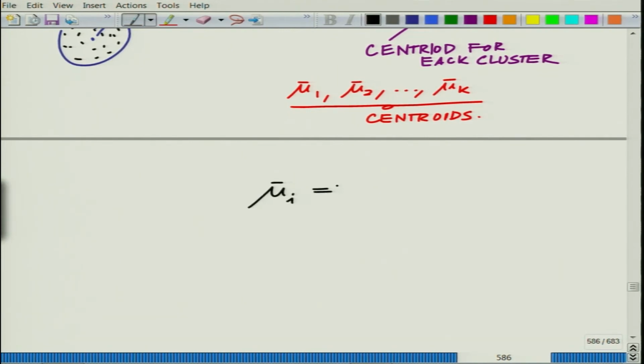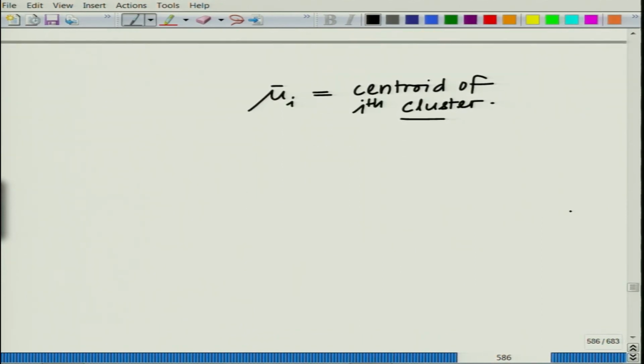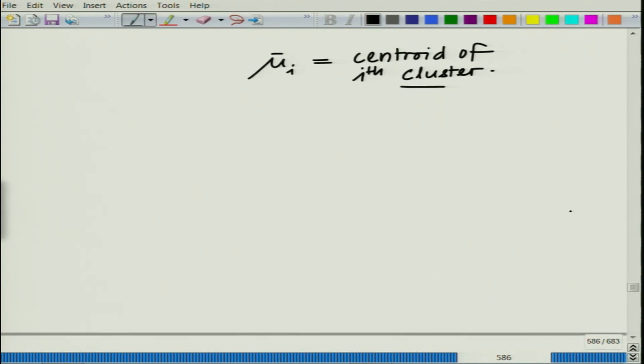Naturally this mu bar i is the centroid of the ith cluster, and we denote the clusters themselves by C1. Remember, we have k clusters. So, you have k centroids and you have k clusters, right.